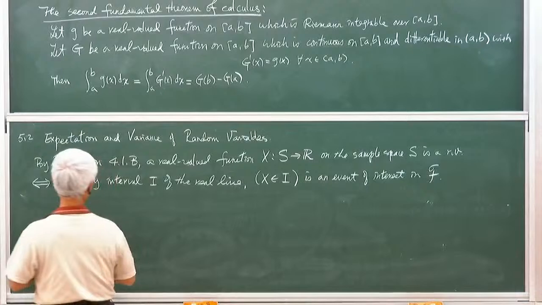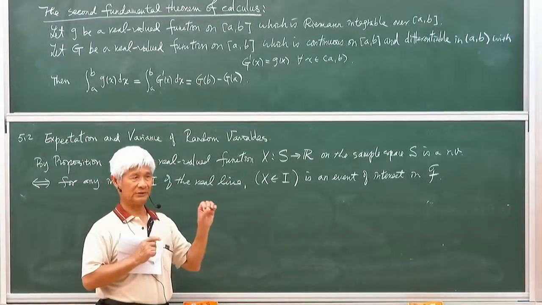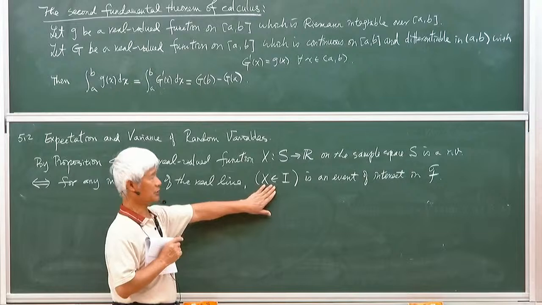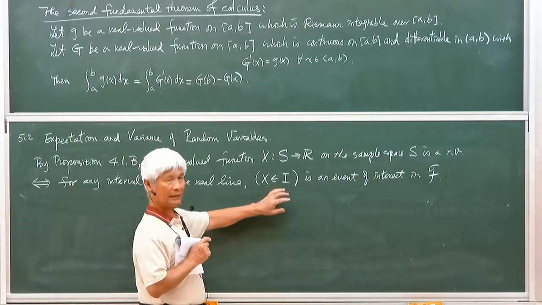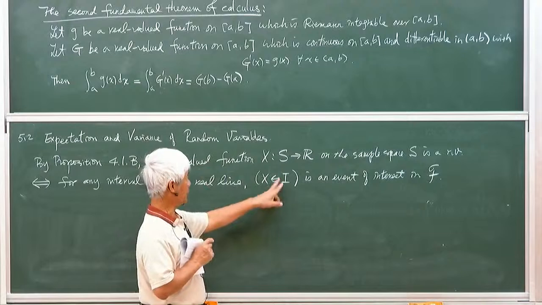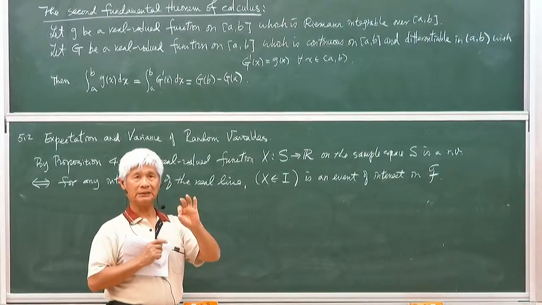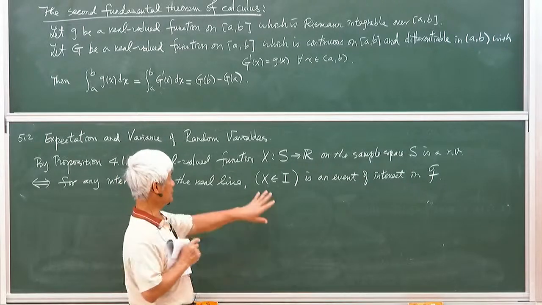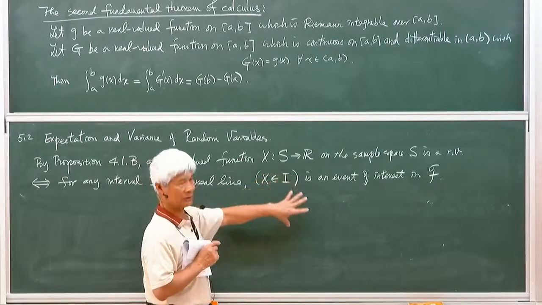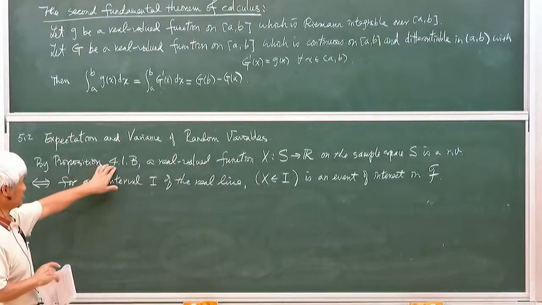Just consider only intervals. Okay, that would be enough. So if this is true for any interval, then if we replace the interval by any Borel set B in R, then X in B is also an event of interest in F. Okay, so that is the statement of Proposition 4.1.b.